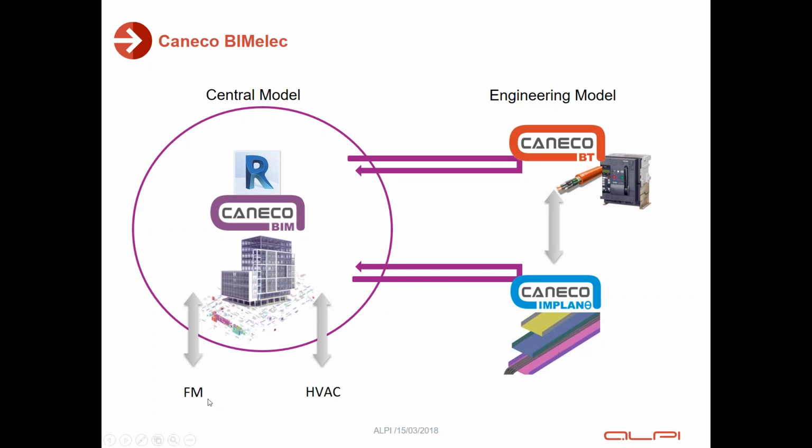As well, facility management makes all the calculations that are necessary and brings them back to the model. As you can see here, the Revit model is a data sampler. So every piece of information is inside one model at the end of the day. But we concentrate on electrical engineering.